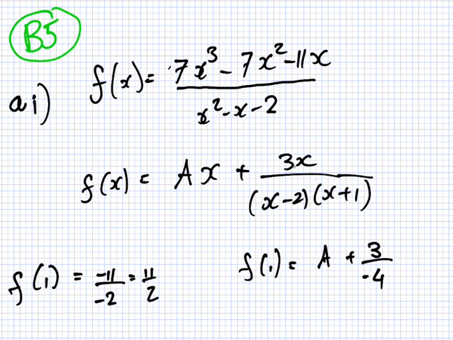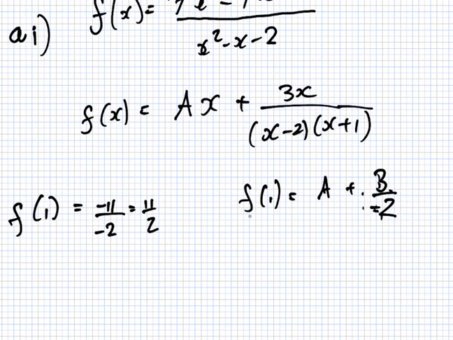If I put 1 in here, sorry, I think this fraction here is wrong. Minus 1 times 2 is minus 2. So 3 over minus 2. Now, if they're supposed to both equal f of 1, then they must be the same.